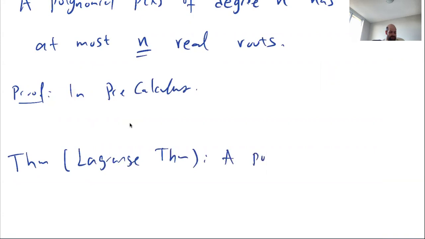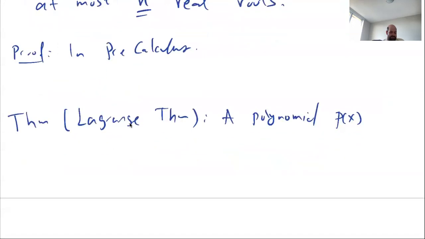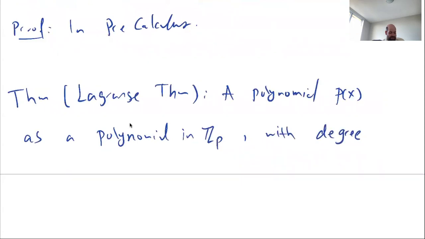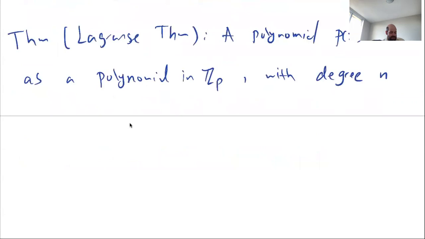A polynomial P of x as a polynomial in Zp with degree n has at most n roots in Zp.